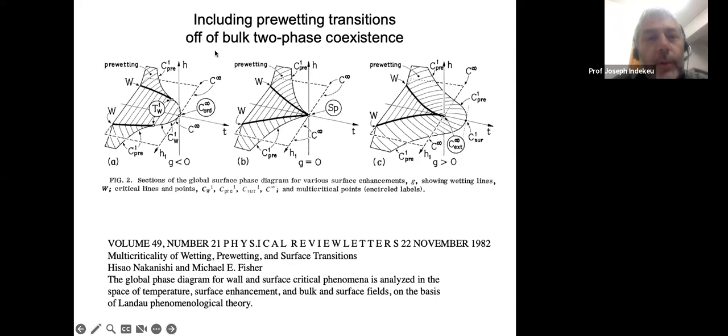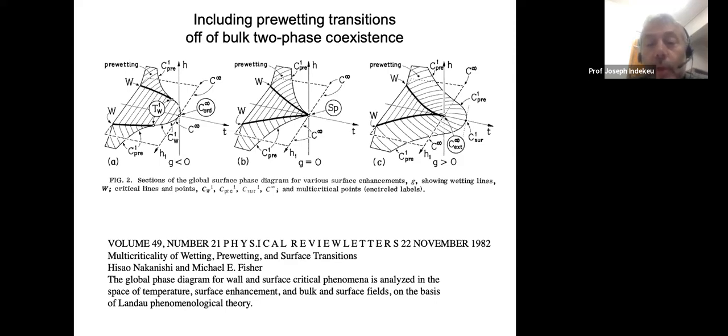Now, what is extra here in these diagrams, and what makes these diagrams even more interesting than everything considered so far, is that also the bulk field is included here. And so that means that we can go out of two-phase coexistence in bulk and still consider wetting phenomena involving the surface states near the wall, although the bulk is in the single phase state.